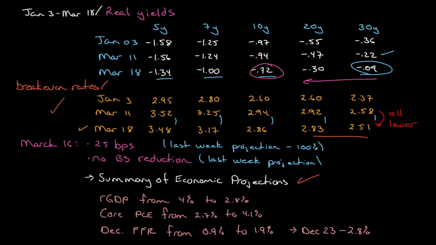Last week, for those of you who had watched the weekly update, I had said on March 16th, the Sunday before the Fed meeting, I'd been refining my probabilities week on week on week.